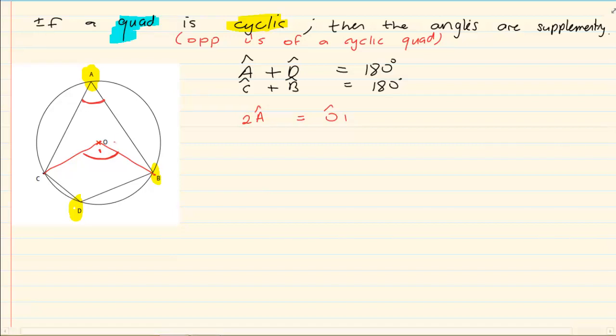And likewise, 2 of D is going to equal O2. Angle at center is twice angle at circumference. That is one of the previous theorems that you have learned.